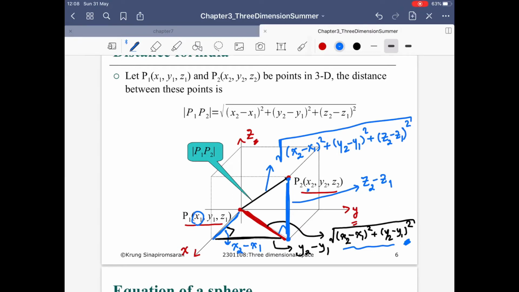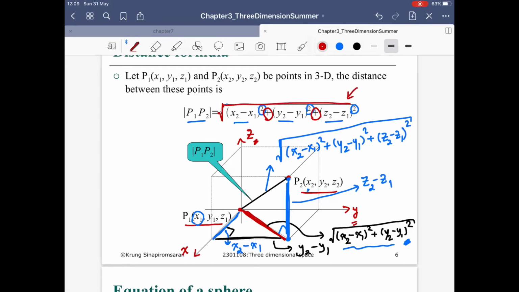So, simply saying, the distance between two points P1 and P2 finally ends up as the difference between each of the coordinates squared, and then you add them up. After that, take a square root. So don't forget the last one, taking the square root.